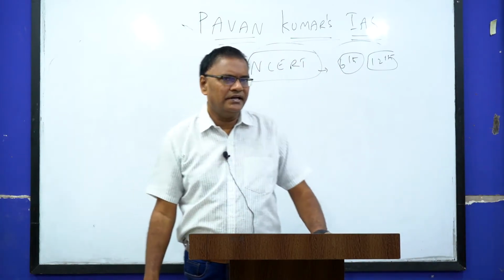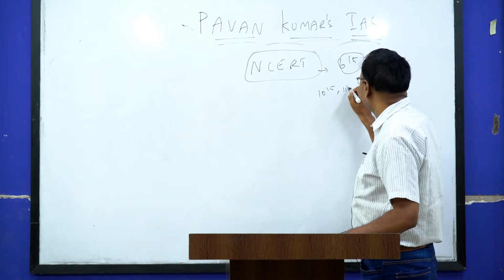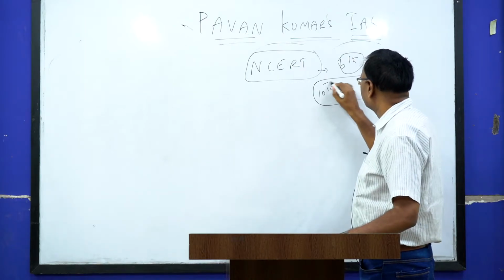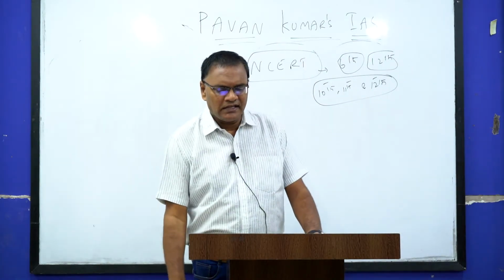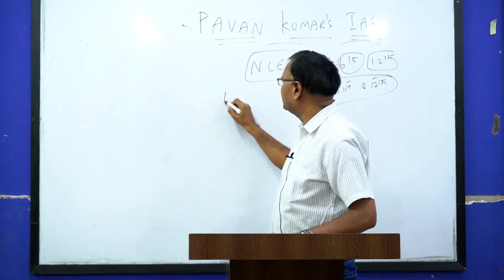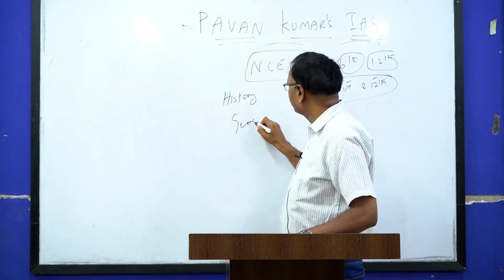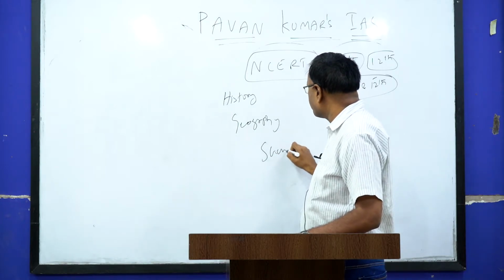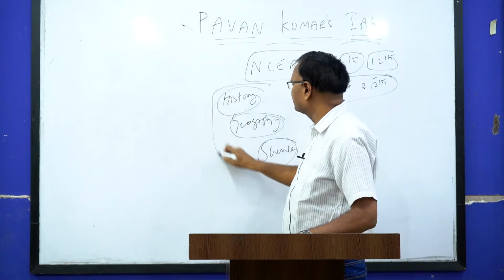So what you can do is start from 10th, 11th and 12th NCERTs. What are the books that you have to read? You have to read mostly history, geography and the sciences. These are the things which you have to read from NCERTs.